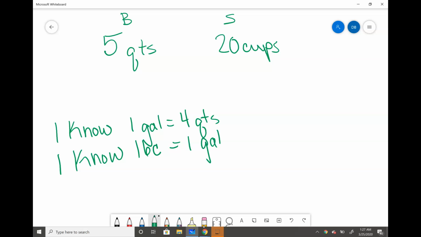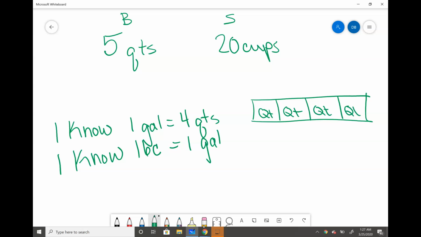So if I look at my bar, here are quarts. And I wonder how many cups are equal to a quart? Well, the next one would be pints. There's 2 pints in each quart.